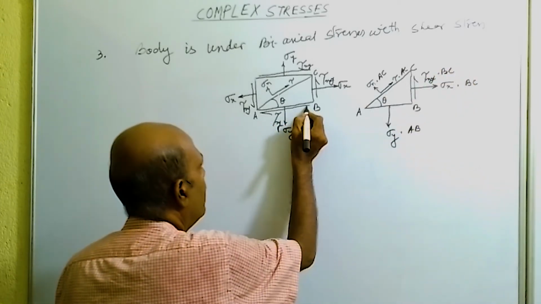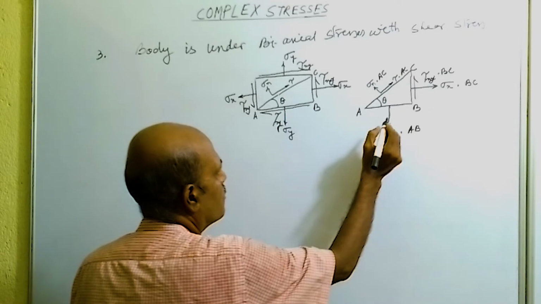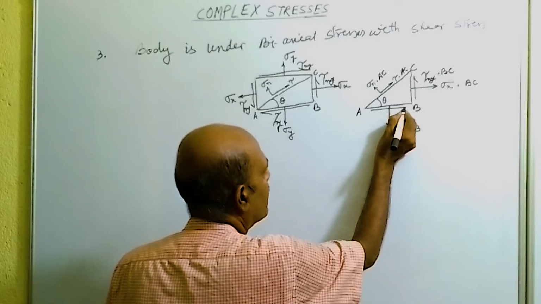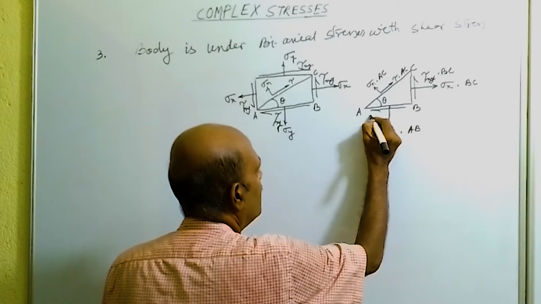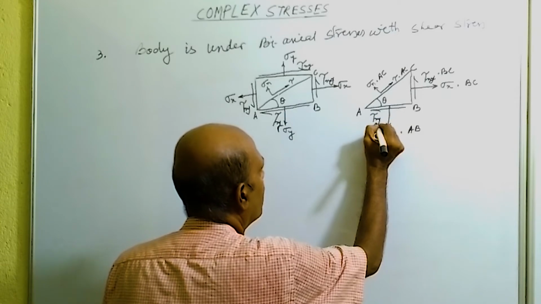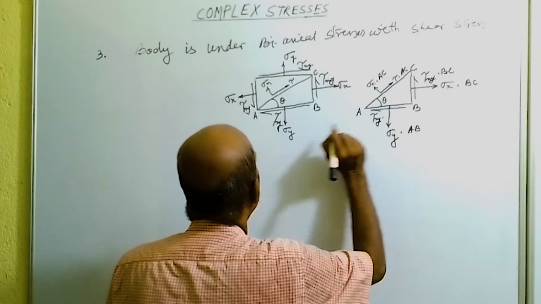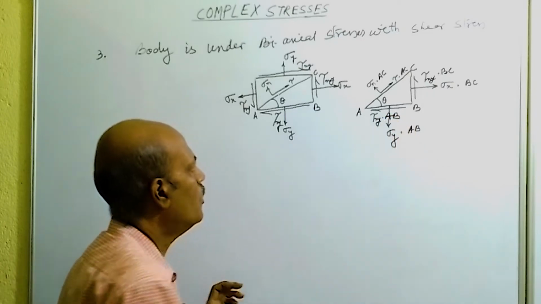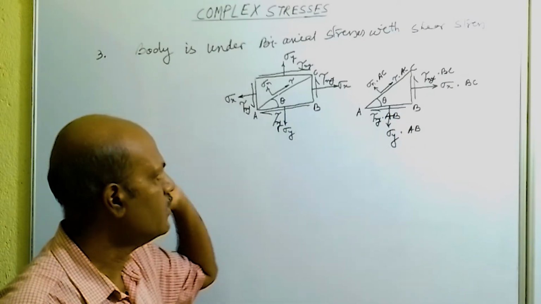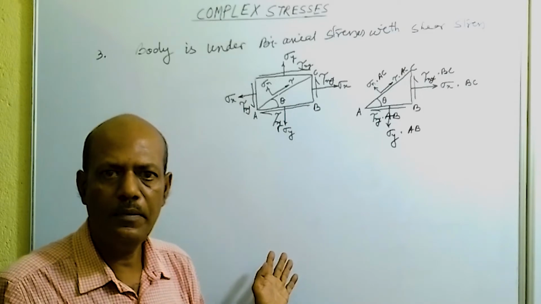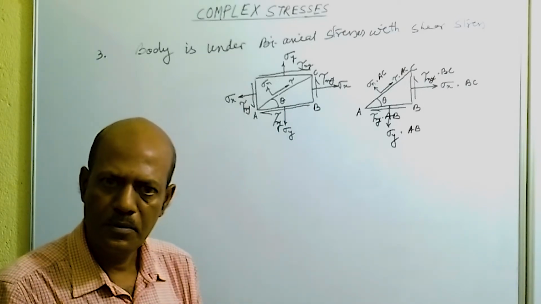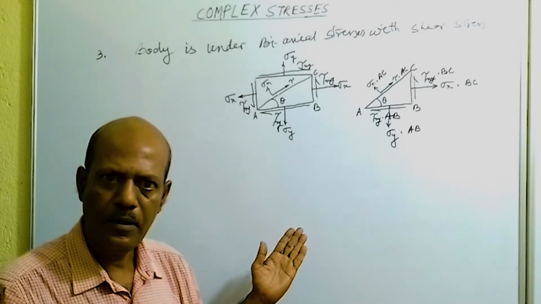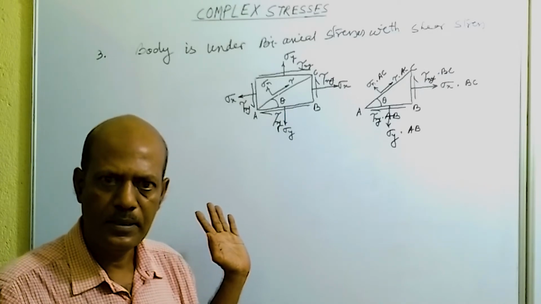And on y face also the shear stress is acting, the value will be tau xy into AB. So total number of forces acting on the element are 6. So 6 forces are acting on the element simultaneously.